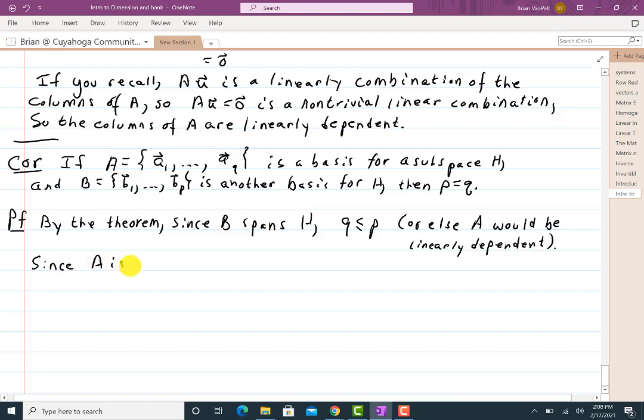Since A spans H, p has to be less than or equal to q. B can't have any more vectors than A since A spans H also. So if p was greater than q, then B would be linearly dependent as well.